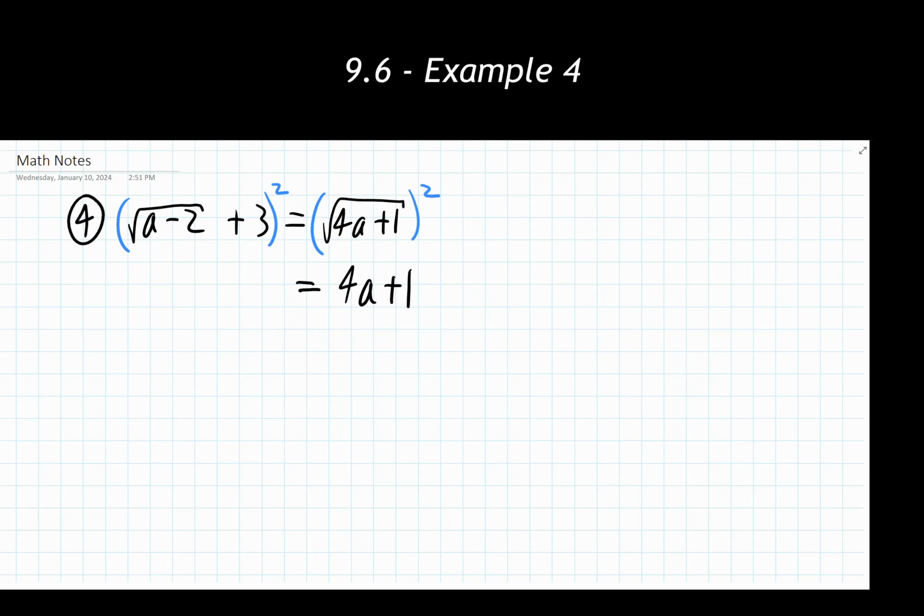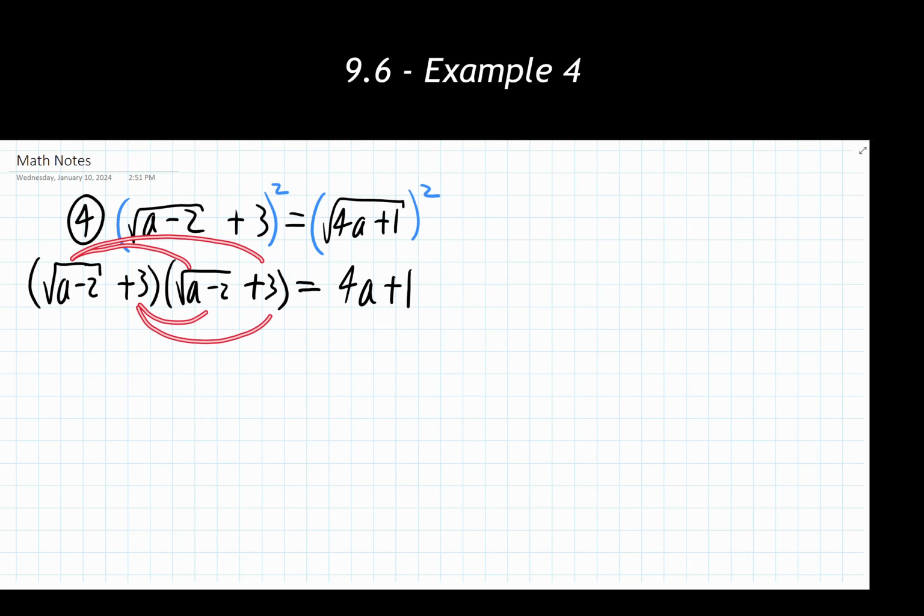On the left side, I would highly recommend writing this out in expanded form, which is to say we have square root of a minus 2 plus 3 times the square root of a minus 2 plus 3. And now we are going to need to apply the distributive property and multiply everything through to get to our answer.